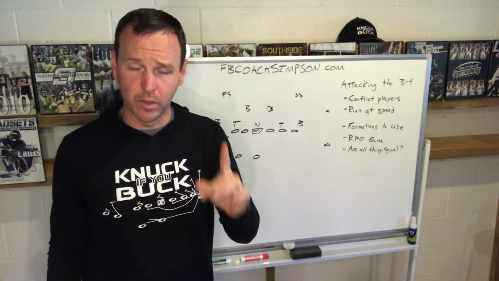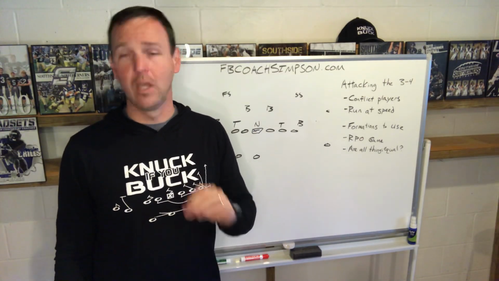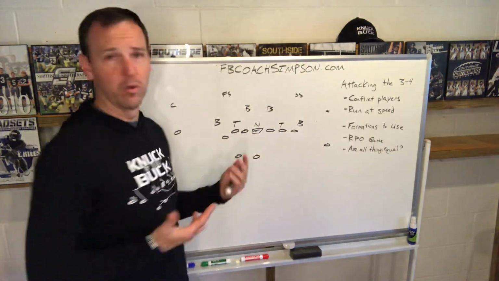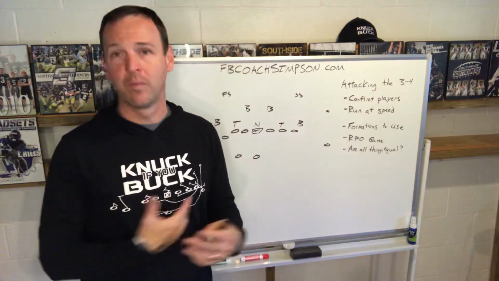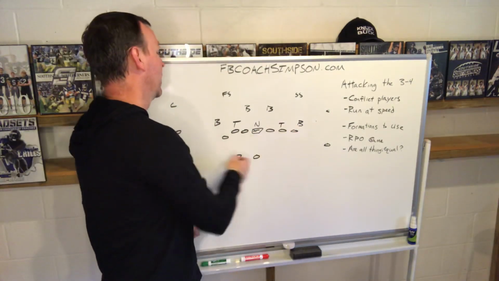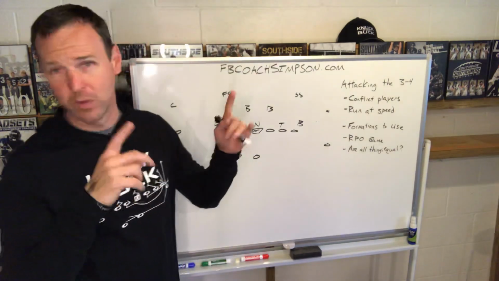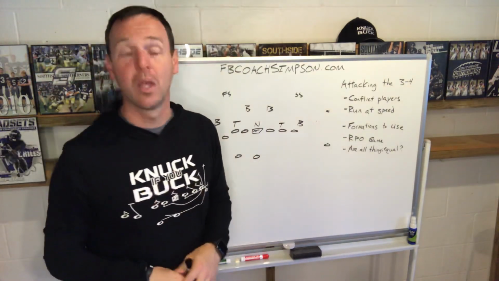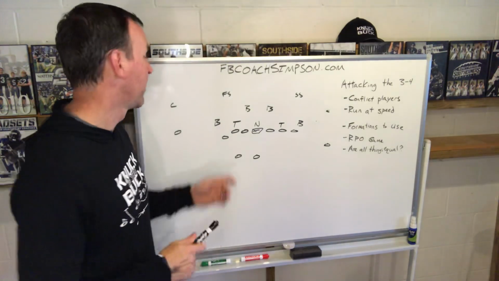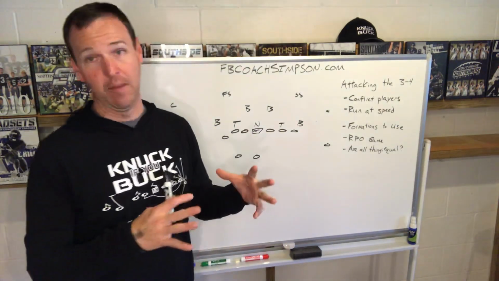So what we're going to try to do is make you line up equal. We're going to come out with some kind of balanced look, which for me is 21, 12 personnel, whatever we call it. We're going to go tight end, and then put an H back there, or we might go two tight ends, some kind of ace look. We're going to balance up. We're going to try to force you to play these two guys the same.